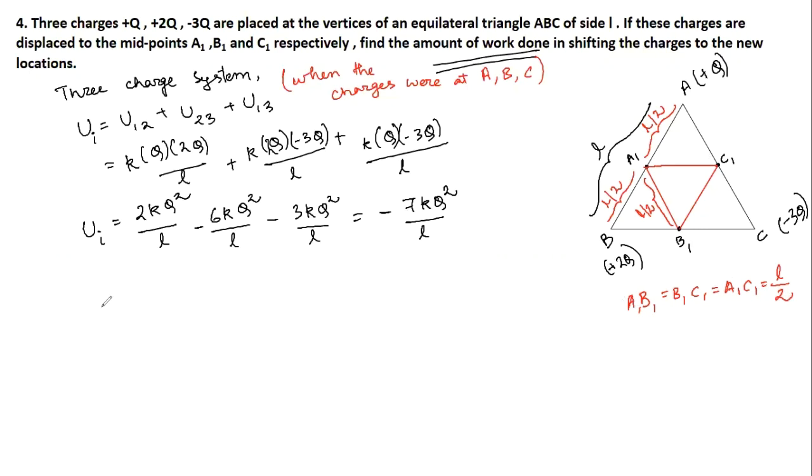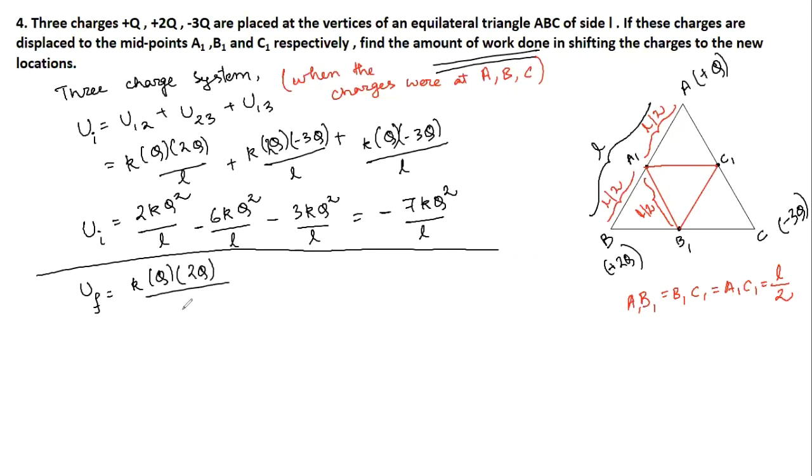Okay. So when you find out the second case, that means when the charges are placed at A1, B1, C1, that will be our U final. So in that case, you will write K Q times 2Q, but instead of L, you will have L by 2.